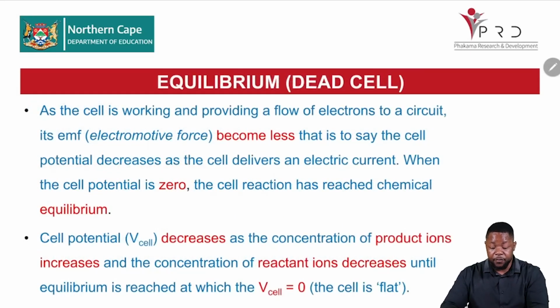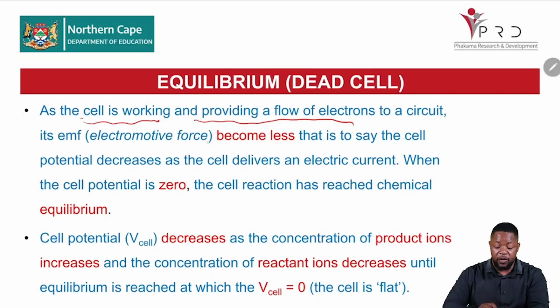The equilibrium, or the dead cell. As a cell is working and providing the flow of electrons in the circuit, there is going to be a change in concentration of ions in the anode and a change in concentration of ions in the cathode.